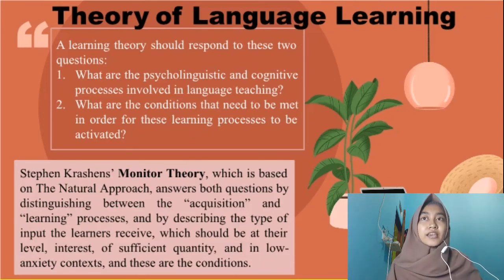Okay, Stephen Krashen's monitor theory, which is based on the natural approach, answered both questions by distinguishing between the acquisition and learning processes, and by describing the type of input the learners receive, which should be at their level, of interest, of sufficient quantity, and in a low anxiety context, and these are the conditions.